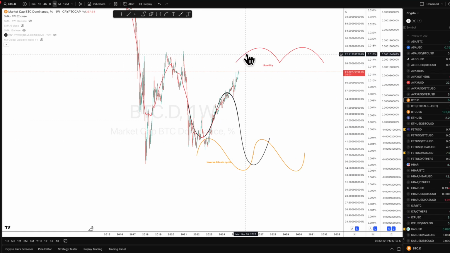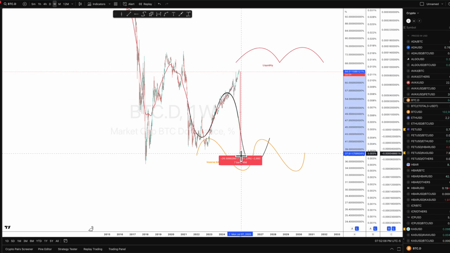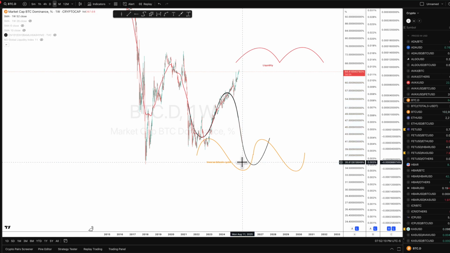We have a liquidity expansion into that same period, and we have a Bitcoin dominance, which should be falling during the same period. These are a convergence of really three different cycles, the Bitcoin, altcoin, and liquidity cycle, which could make for, as I said, a very dramatic move in risk assets and altcoins.